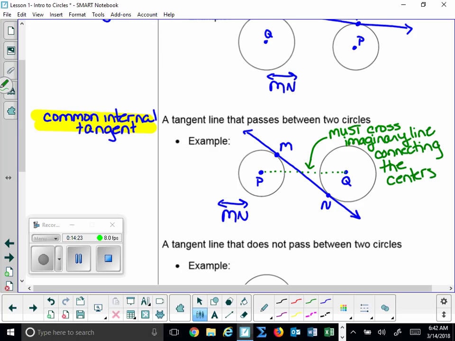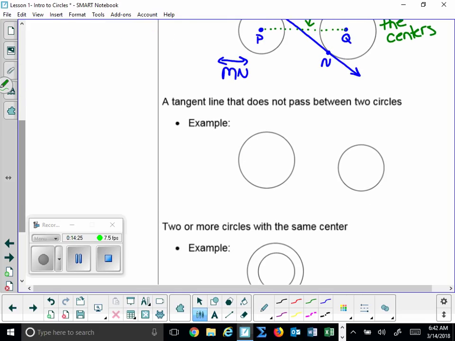So what happens if it does not cross an imaginary line connecting the centers? I'm going to go ahead and write that in. Does not cross.